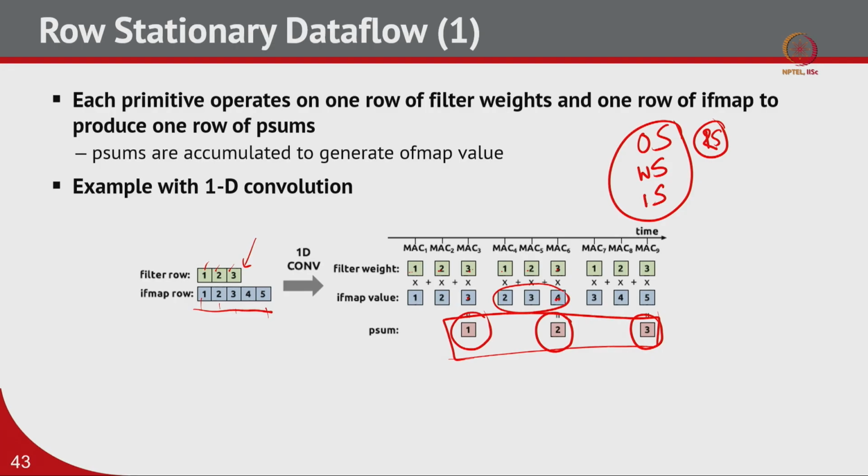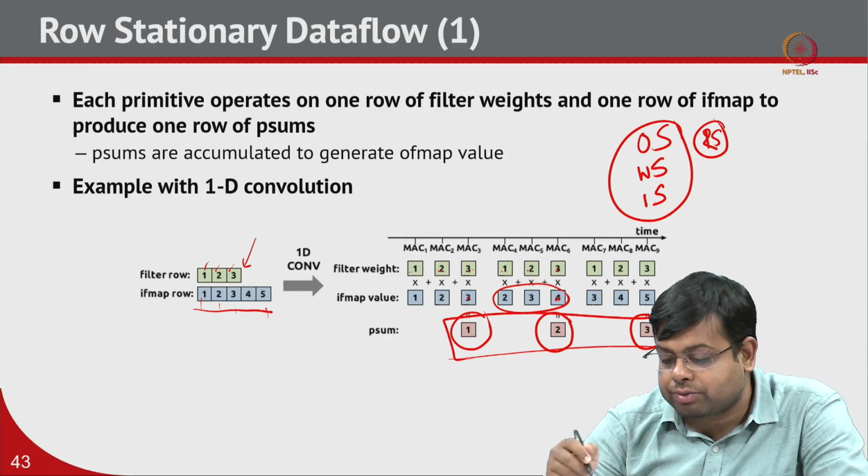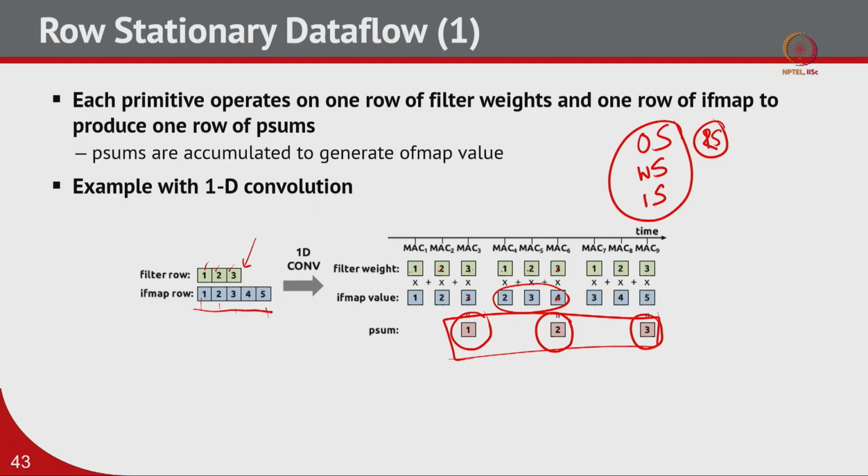As you can see, all of this is happening in one particular PE. If you remember, the PE is nothing but one MAC unit that performs multiply and accumulate operation. In one particular PE, we push all these filter weights and the input feature map values, and they perform the multiplication and then addition to obtain one partial sum.